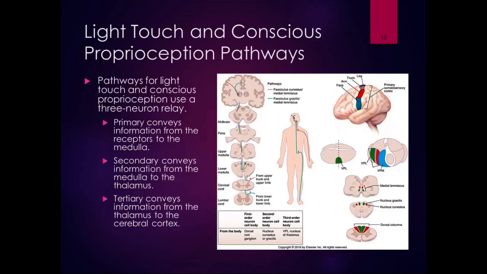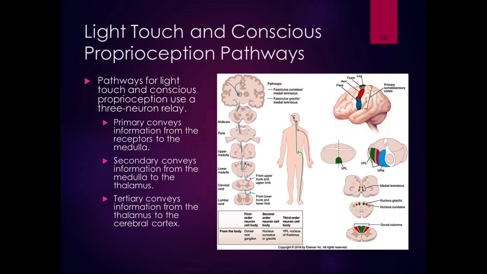The pathways for light touch and conscious proprioception, just like all the other somatosensory pathways, use a 3-neuron relay. The primary or first-order neuron conveys information from the receptors to the medulla. The secondary conveys information from the medulla to the thalamus. And the tertiary conveys information from the thalamus to the cerebral cortex.